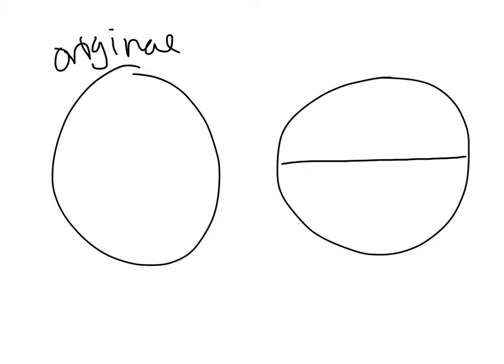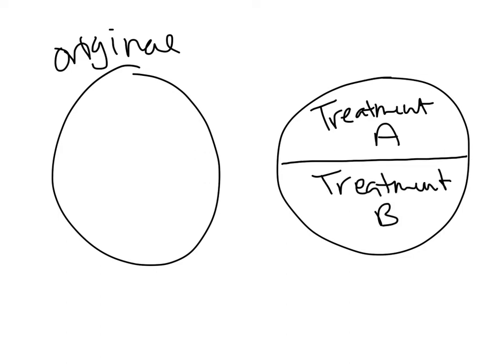So one plating is the original. So this is the original environment. And then you'll have 2 treatments. So this side will be treatment A, let's say, and this will be treatment B. Now there are no specified treatments, and by treatment you don't even have to be adding anything.